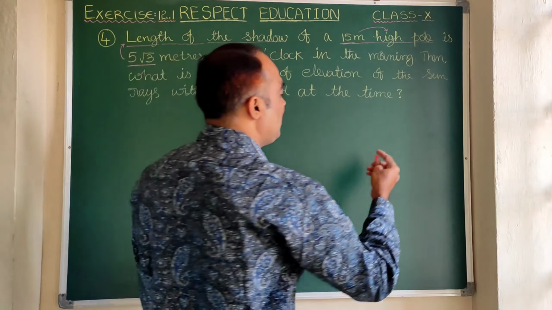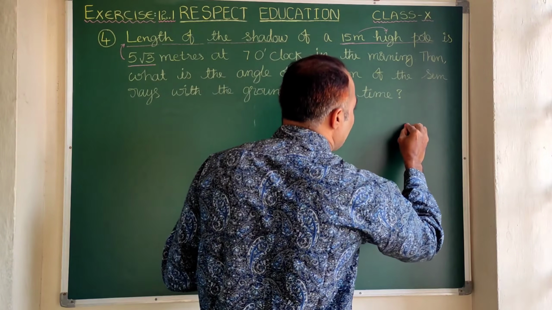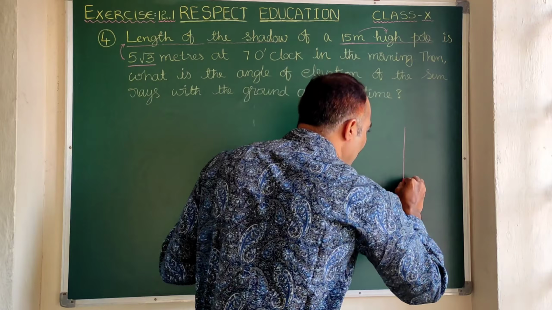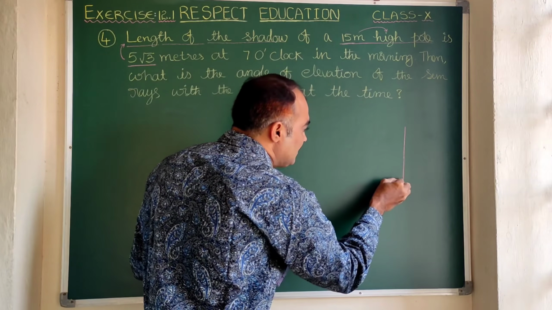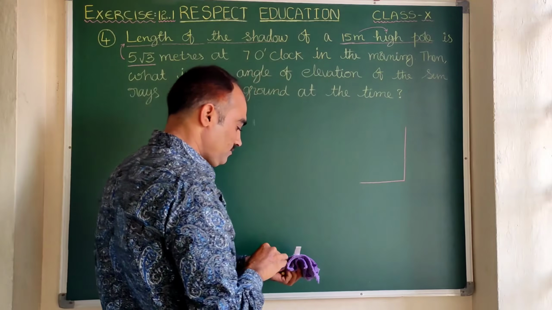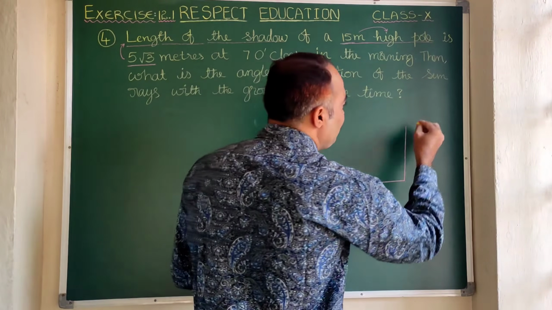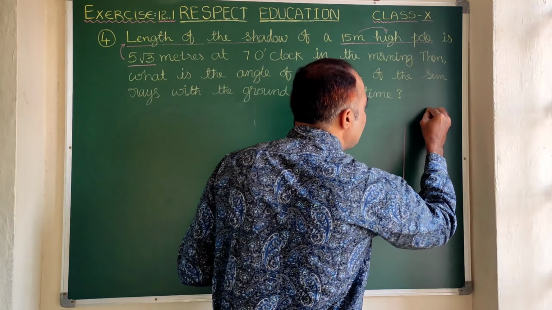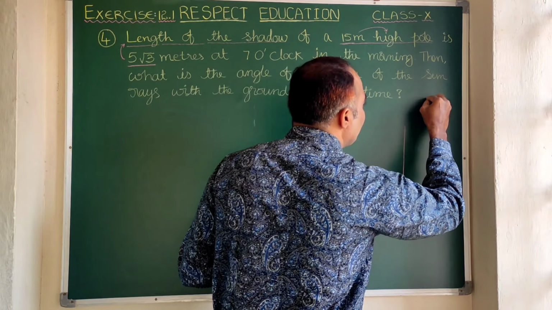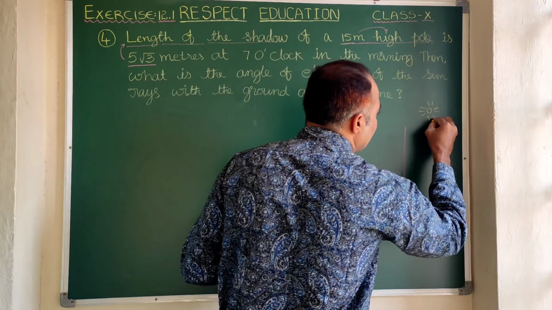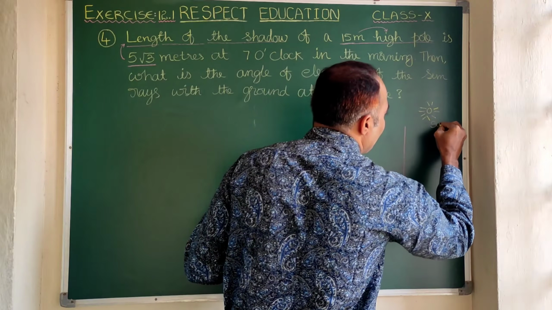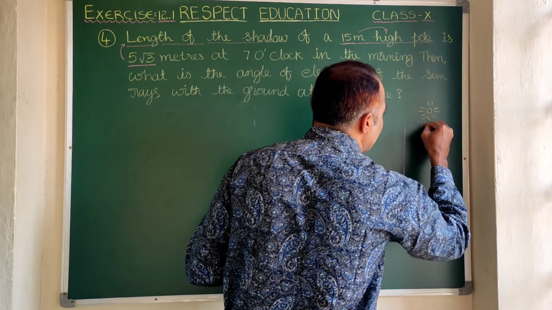So let us draw a suitable diagram. For example, this is the pole, right? And this is the earth. For example, this is the position of the sun. We can write this as the sun.